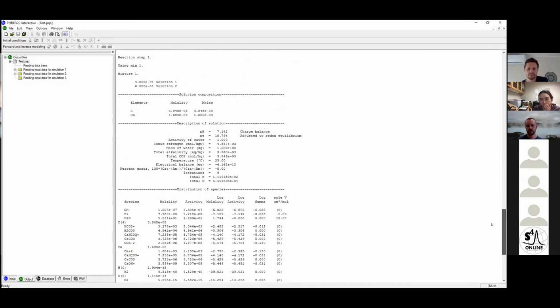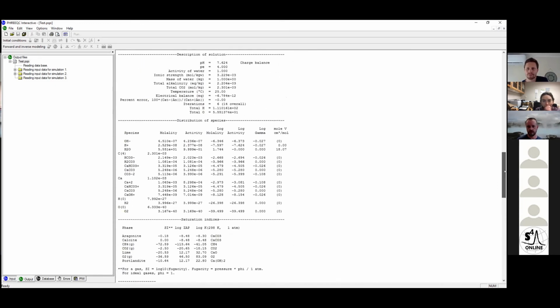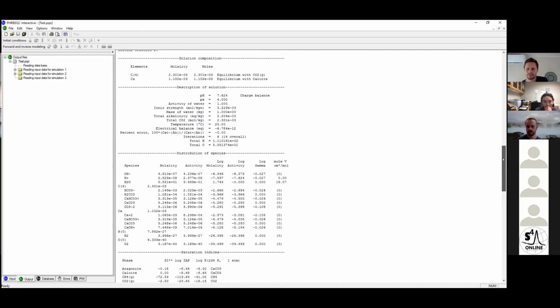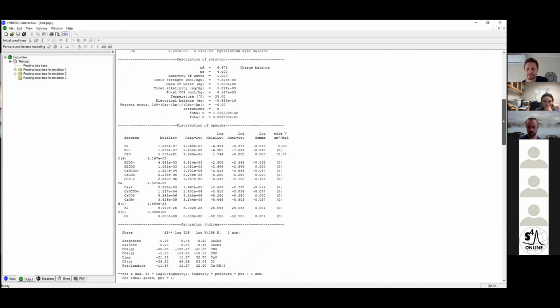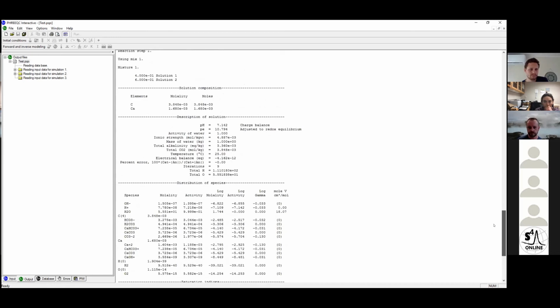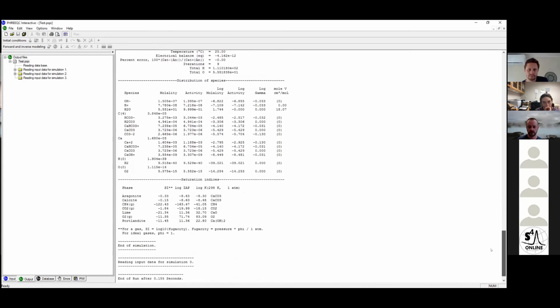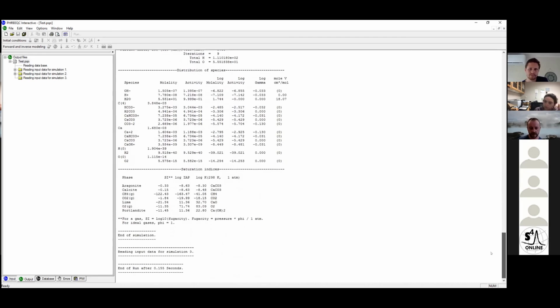So the initial solutions, pH 7.6, pH 6.9, the final solution 7.1. It is balanced, it's still electrically balanced, which is as you would expect. And the resulting mixture has a negative saturation index.